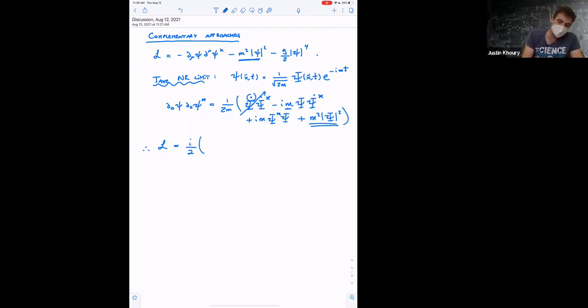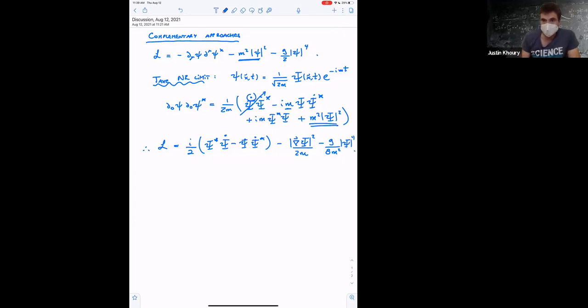So what you're left with is the following Lagrangian, which involves one time derivative, spatial gradients remain. And of course, you have the interaction term, g over 8m squared, psi to the fourth, like so.